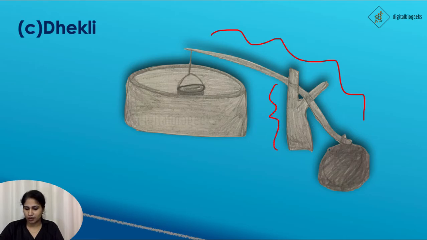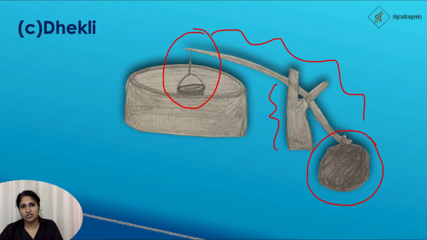To one end of the log, a stone is tied, and to the other end, a bucket is tied, and this empty bucket is dipped into the water by the farmer, and when the bucket fills with water, the farmer leaves the bucket. The bucket will come up as the log lifts up due to the weight of this stone, and this bucket full of water is poured into the field.